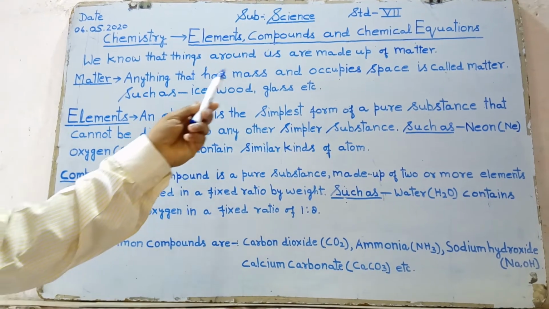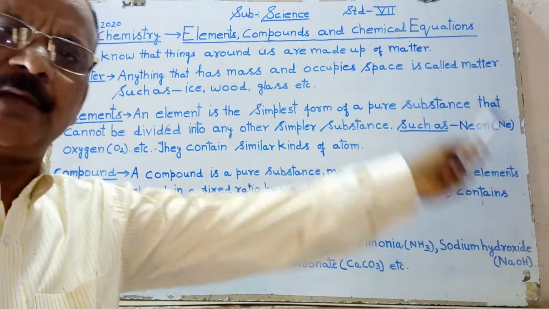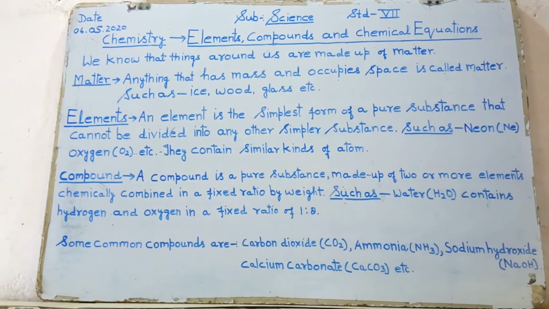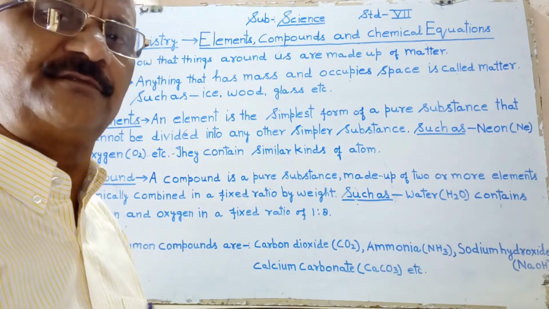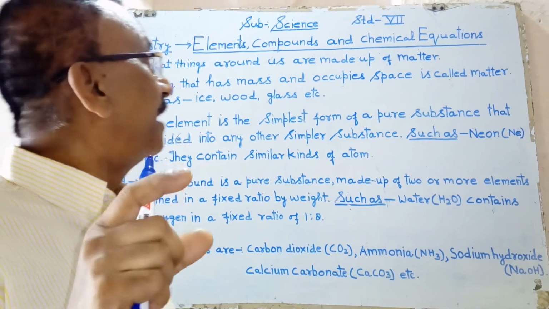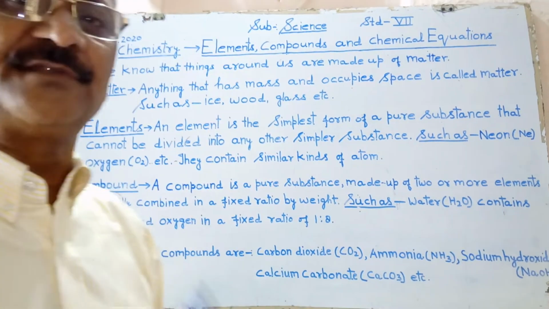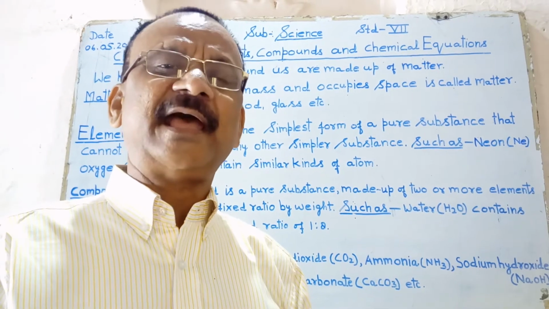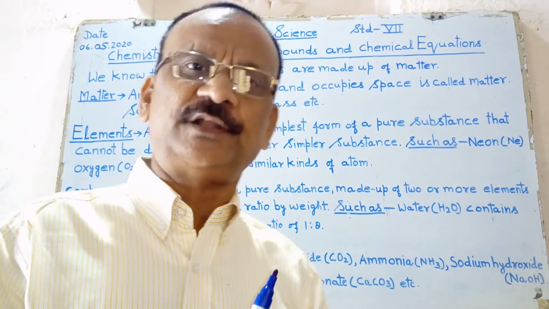Anything that has mass and occupies space is called matter, such as ice, wood, and glass. One more example is air. Air also has mass and occupies space, but we cannot see it, we can only feel it.